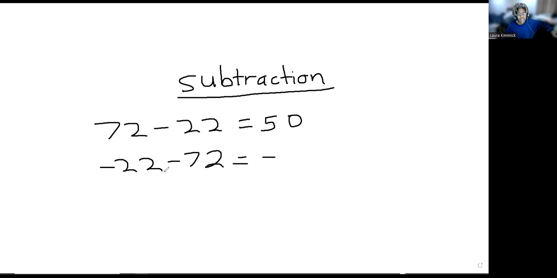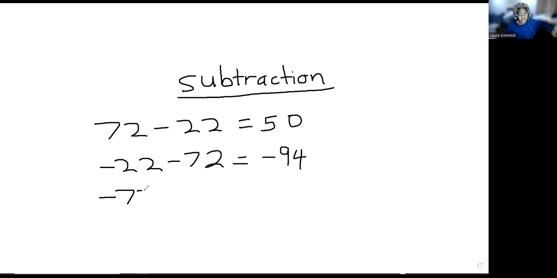For example, 72 minus 22 would be, let's see, very, very different. Okay, let's see what we're doing. 72, 82, 92. So it'll be like negative 94. So completely different.